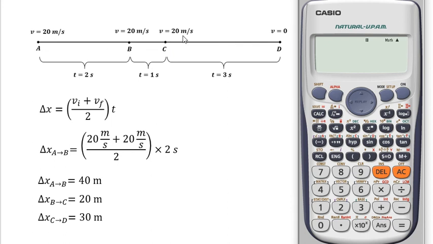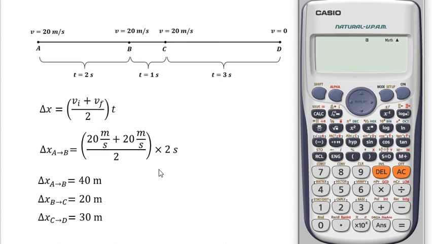That means our acceleration is 0. And finally, the object stopped at point D. Velocity is equal to 0. So we will be using kinematic equation number 4 to solve for the displacement for each segment. So we put some notations here, A to B, and then here B to C, so that you can know what displacement we are solving.